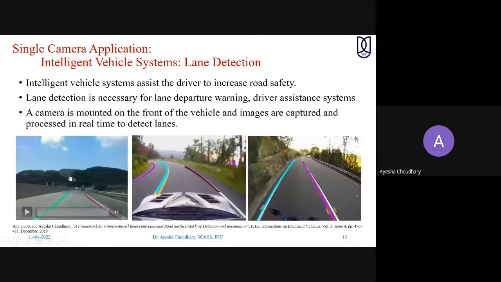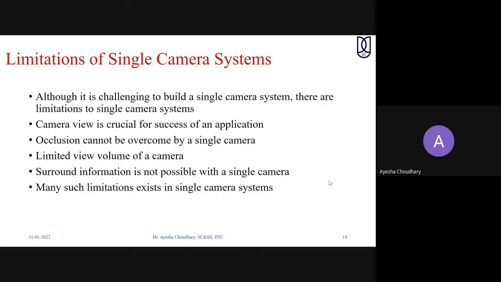Now suppose we were moving in a very congested area, and I would want to know what is going to happen to the vehicles on the side of the road. Is a vehicle going to come and bash into me, or what is happening behind me? Over here I can only work on something that is in front of me. So a single camera is a limitation. What we would need is a surrounding view.